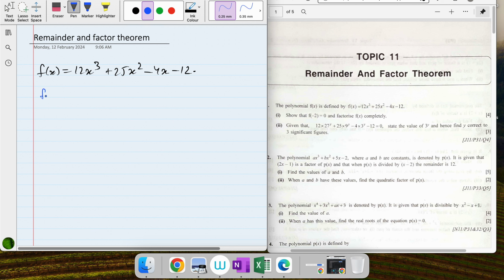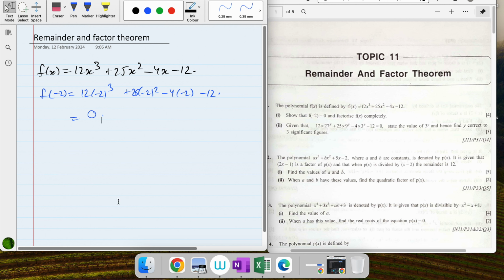So we just have to plug in the value of x, which is negative 2, and then use calculator, and this is equal to 0.